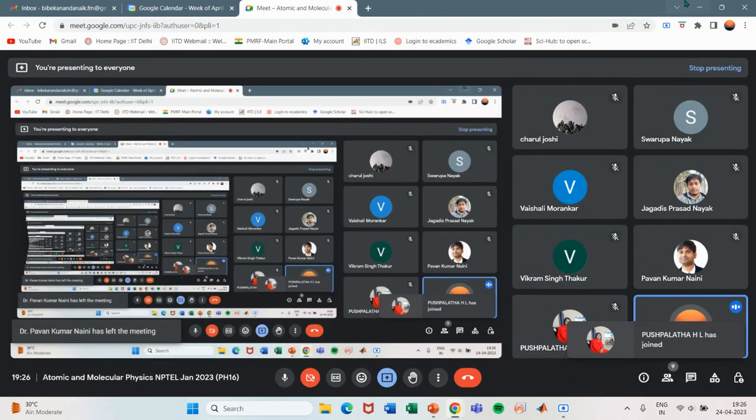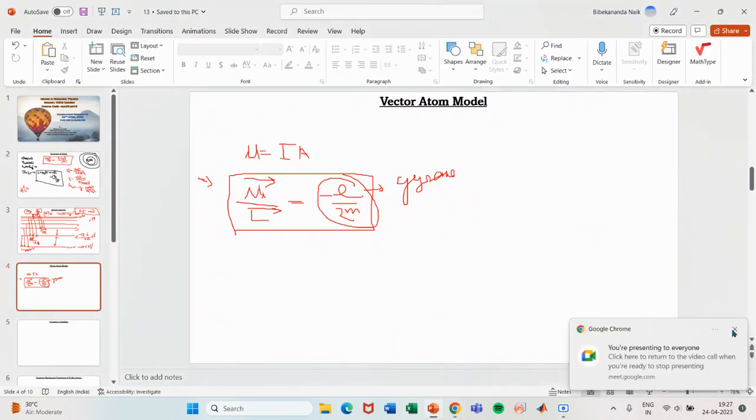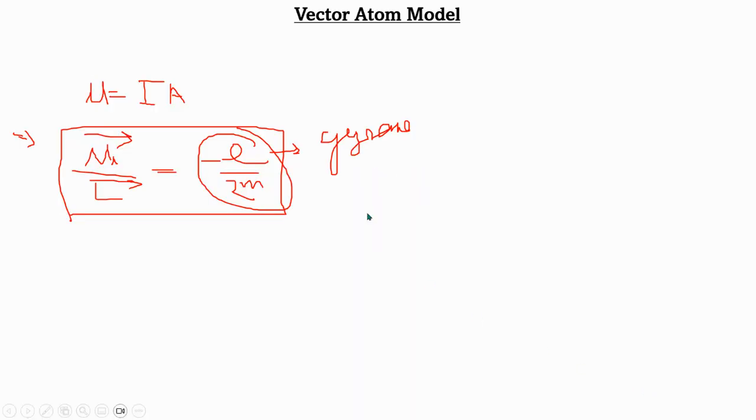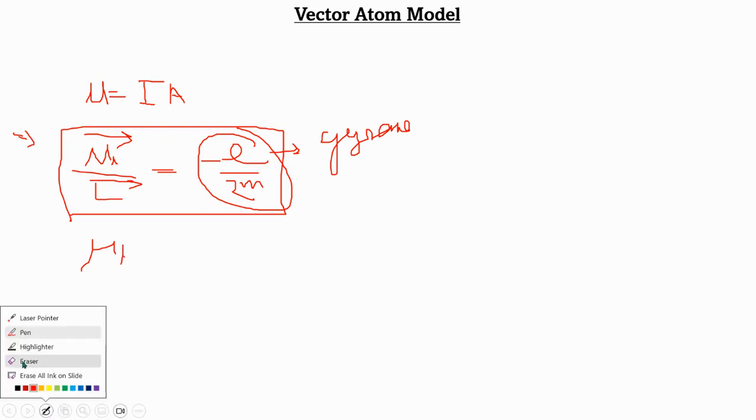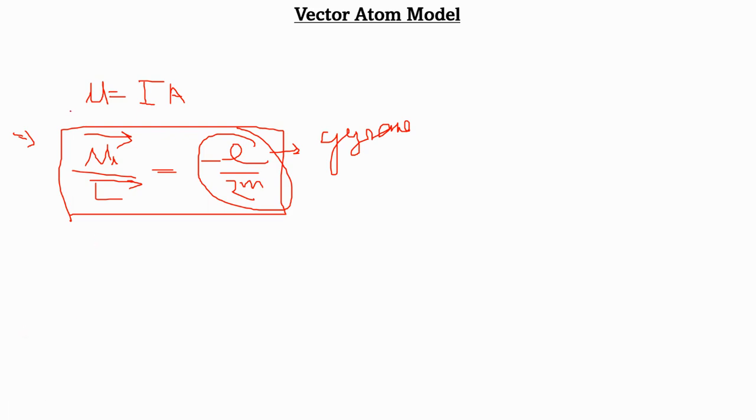That is, if an electron is present in a state with orbital angular momentum L vector, how much orbital magnetic dipole moment will be produced in that state. Since the electron is negatively charged, we get a negative sign on the right hand side. If you take the magnitude on both sides, then it will be positive, mu L by L.